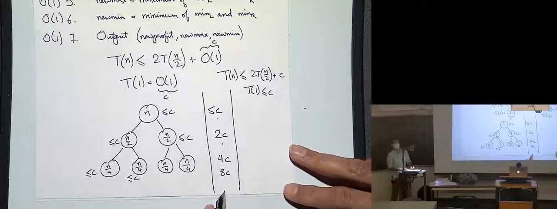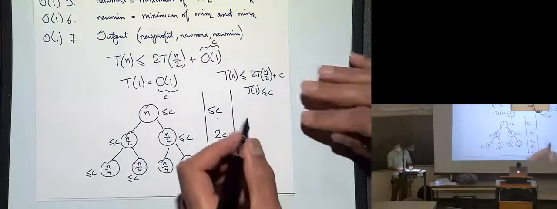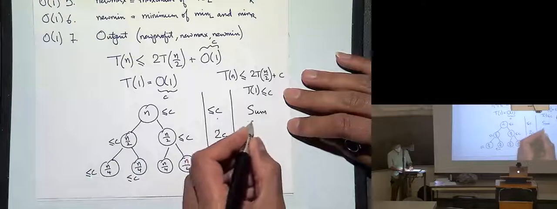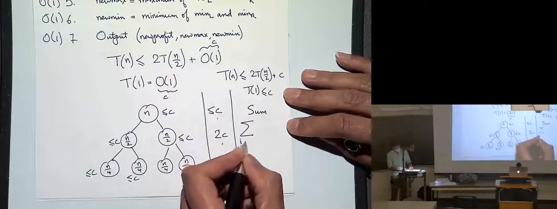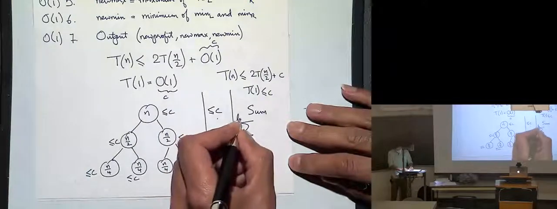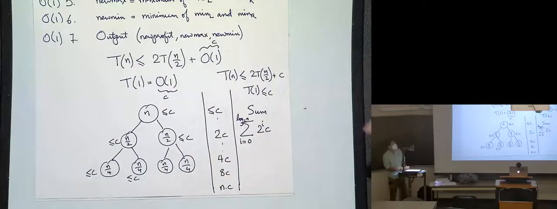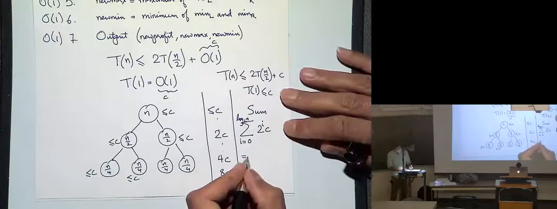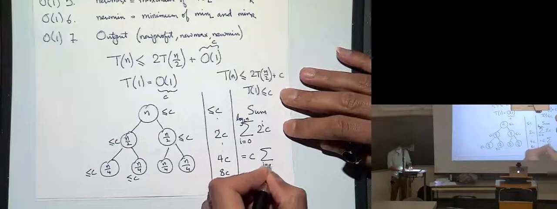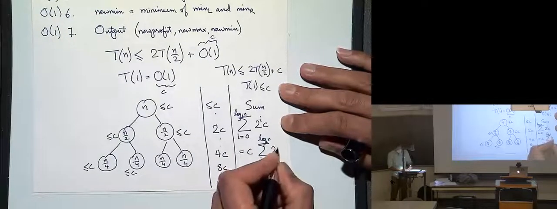What you get at the end is n times C. So the sum is the summation of i going from 0 to log base 2 n of 2 to the i times C. What is that thing? How much is this?